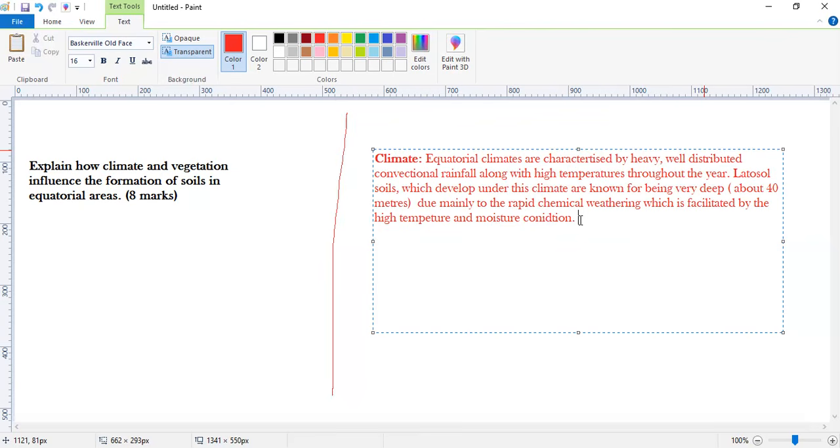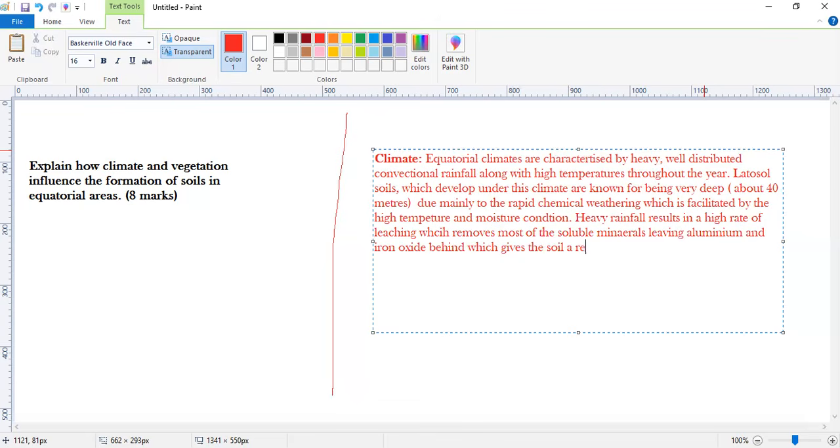We could say heavy rainfall results in a high rate of leaching, which removes most of the soluble minerals, leaving aluminum and iron oxide behind, which gives the soil a red color.